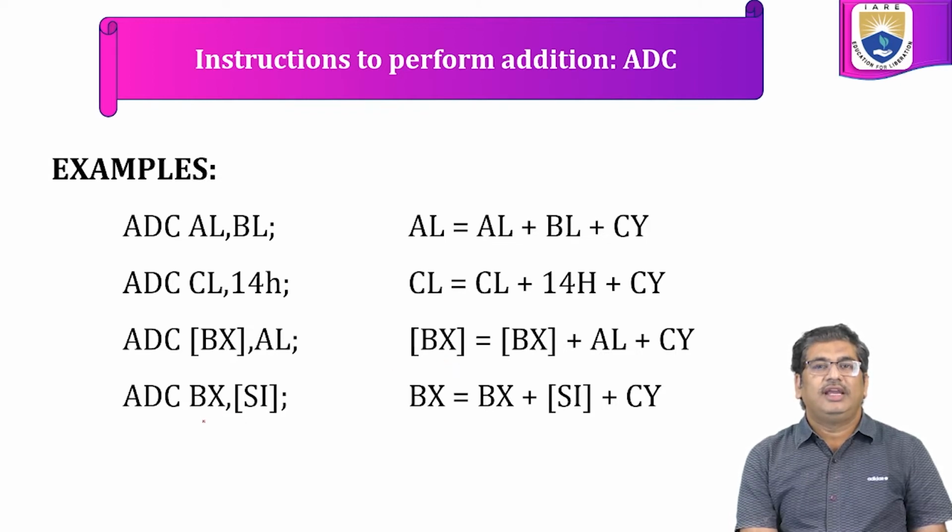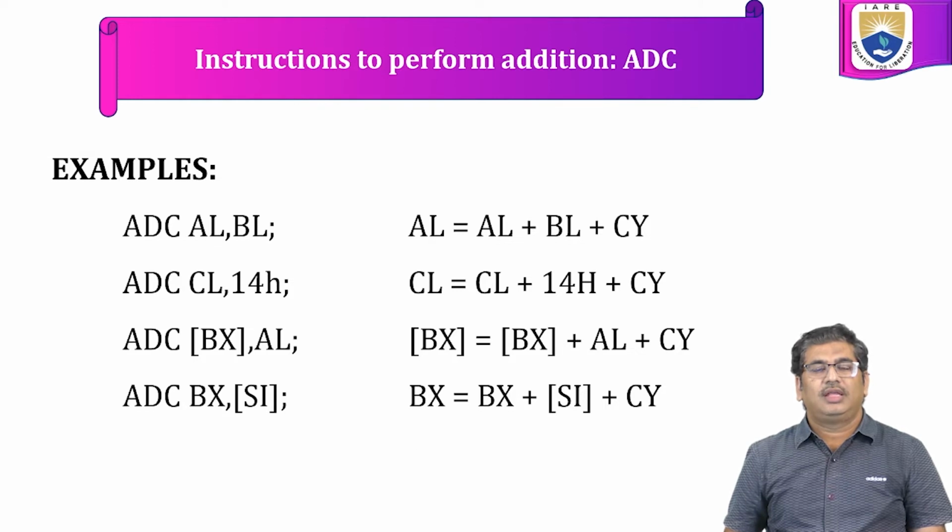Next example is ADC BX, in brackets SI. Here, the source content is a memory location content. So, the contents of the memory location whose address is specified in SI register will be added to BX register contents along with the carry flag, and the result will be stored in BX register.